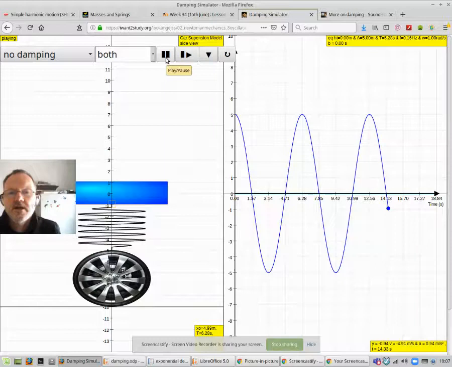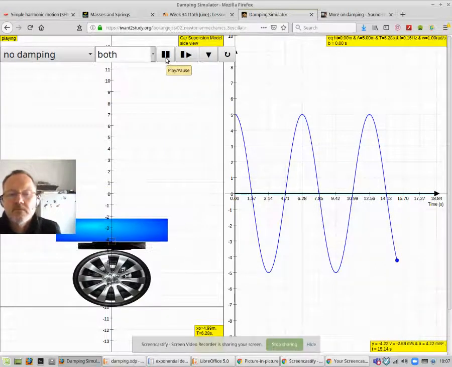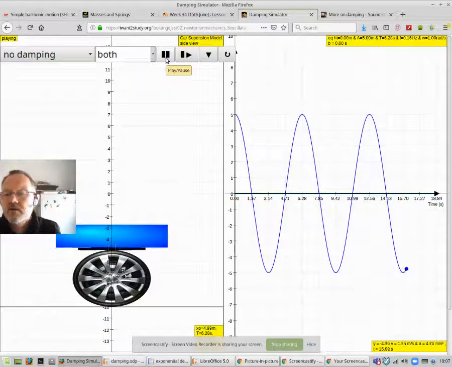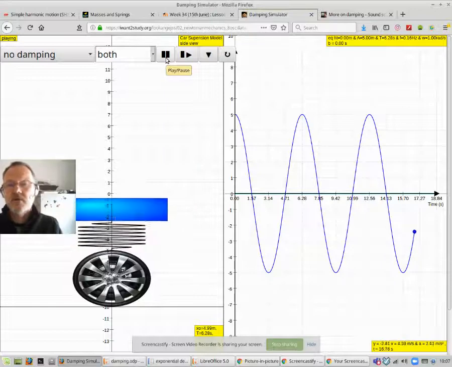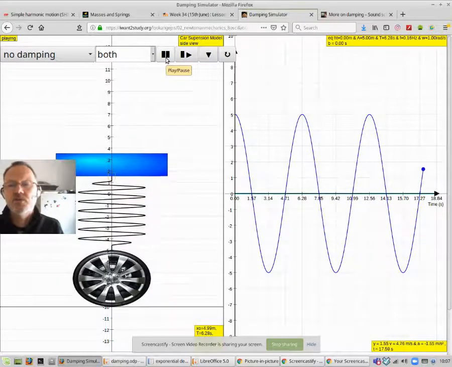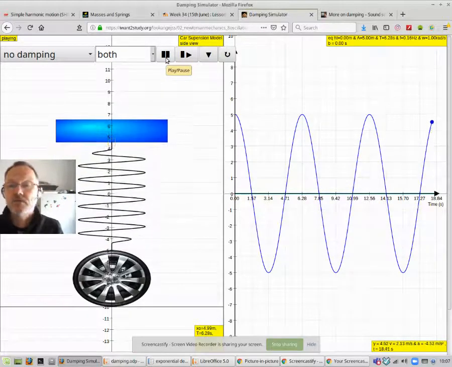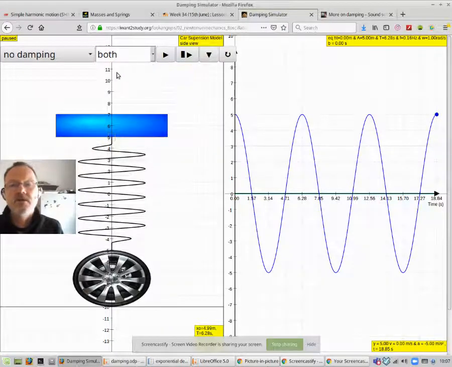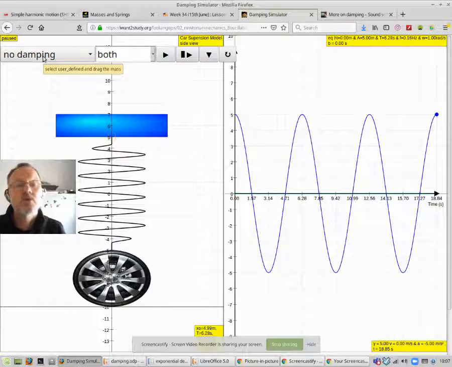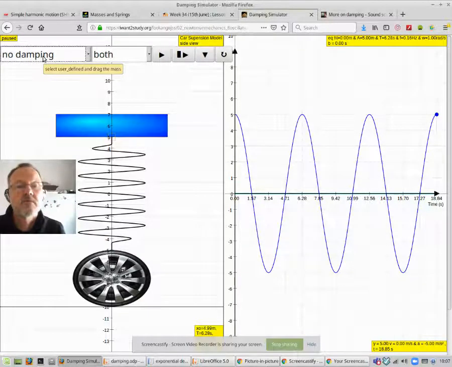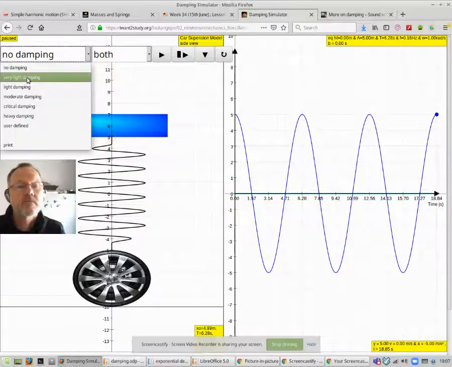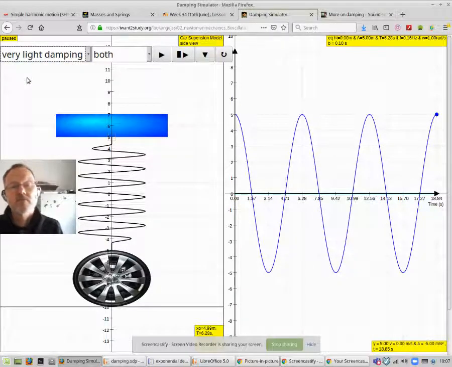So what I'd like you to do now, on your paper, assuming that we start with the same amplitude this time, is introduce what we call light damping. So the energy is going to be removed quite slowly with time.